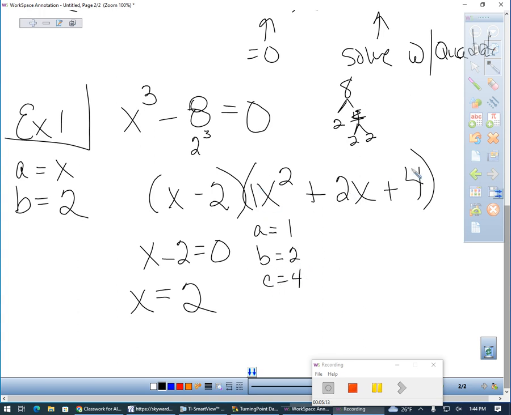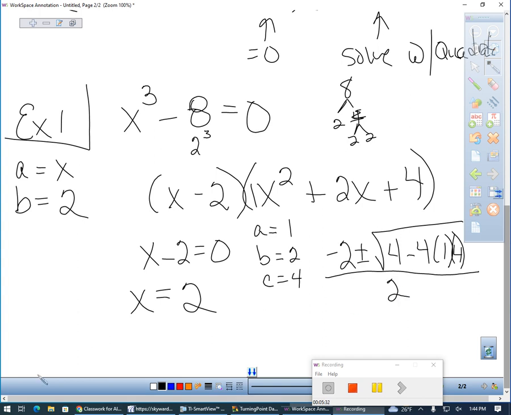Right? 1, 2, and 4. So I have negative B plus and minus the square root of B squared minus 4 times A times C all over 2A.